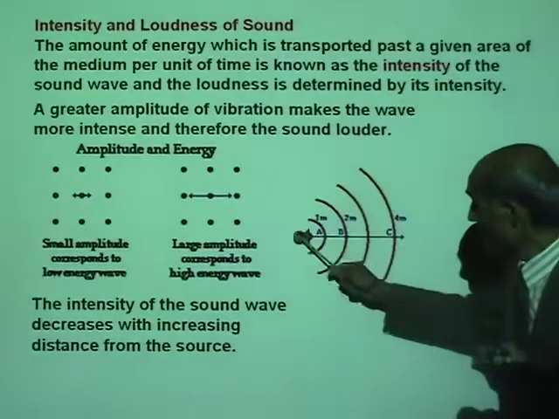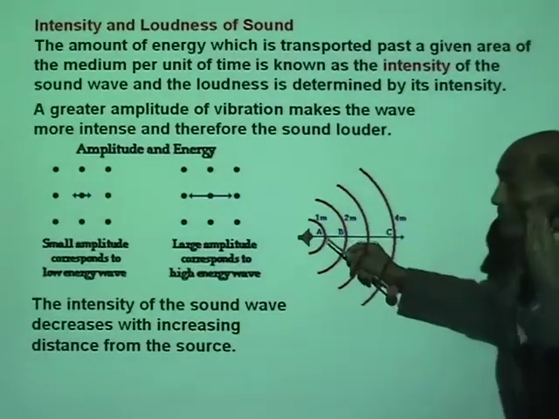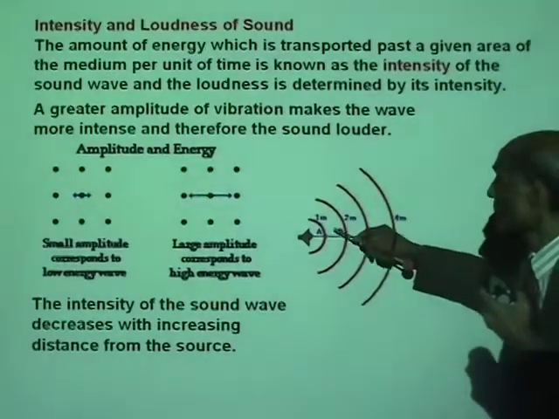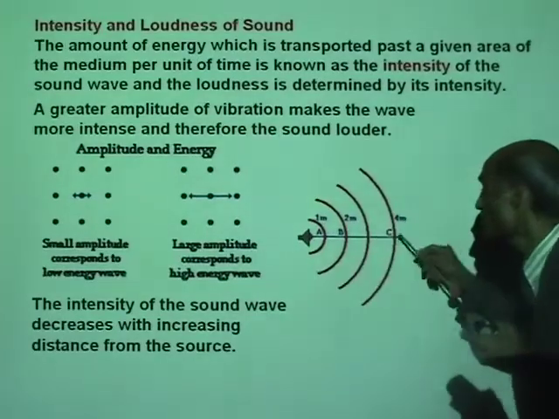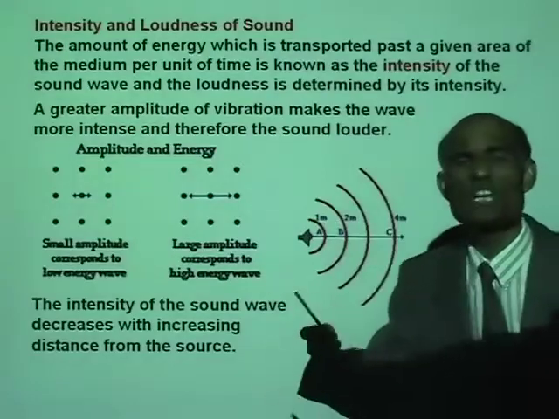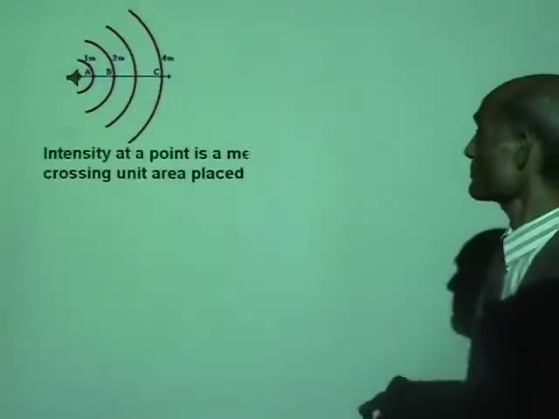Now, here is the loudspeaker, and as you move away from A to B to C, the amount of energy that reaches you will be decreasing. That means the loudness or the intensity will be decreasing as you move away.